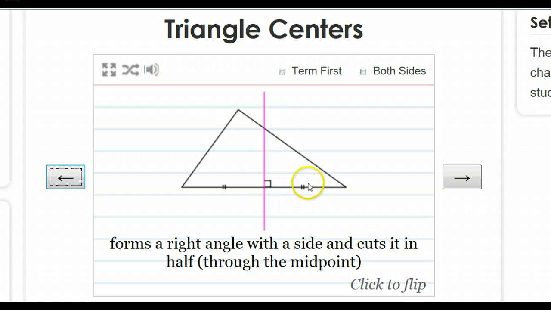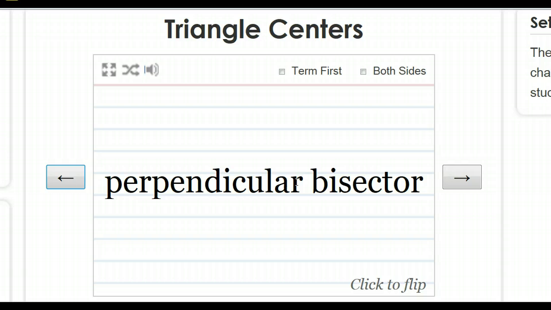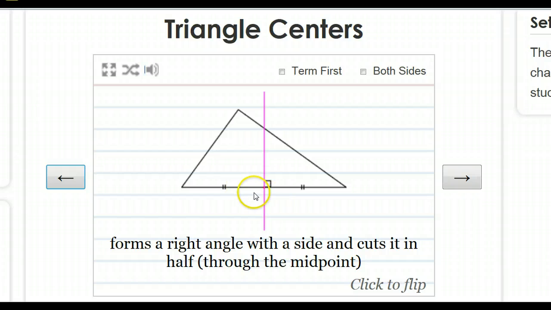Which one of those things is this? Hopefully you said that this is the perpendicular bisector. Okay? Because it is perpendicular, obviously, and it is cutting this side in half. This is a perpendicular bisector.